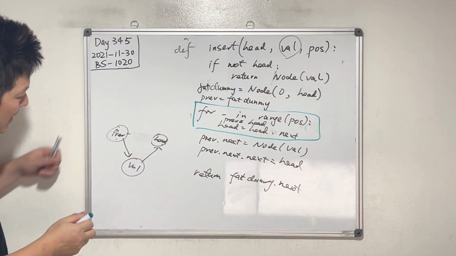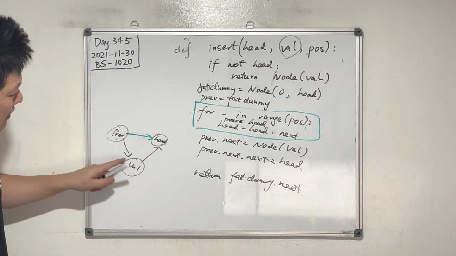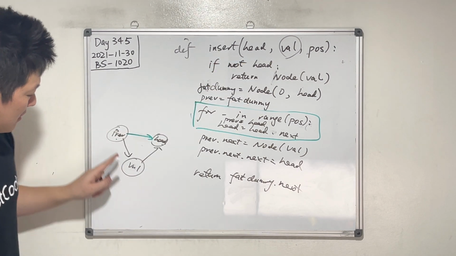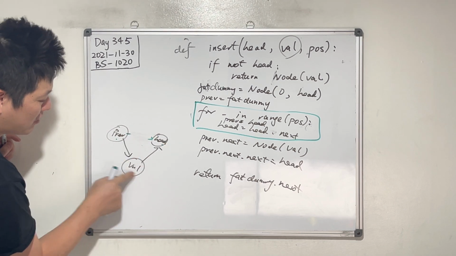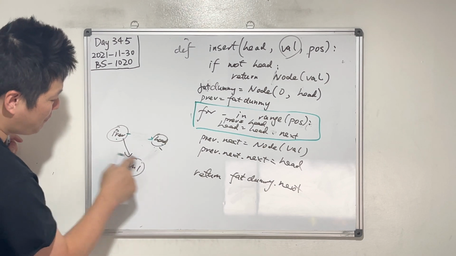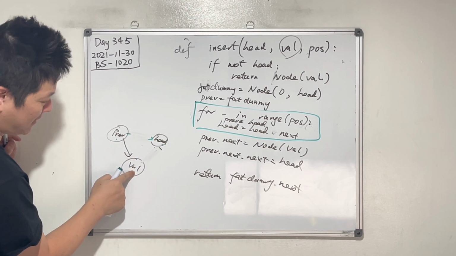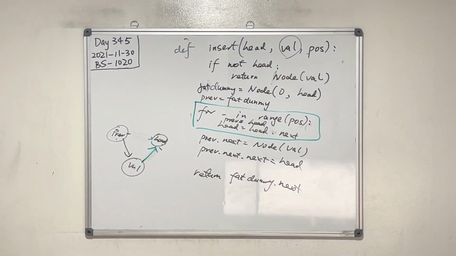Look, we want to insert a node. Then our previous dot next equals node of value, and then node dot next equals the head. So return fat dummy dot next. Make sense?